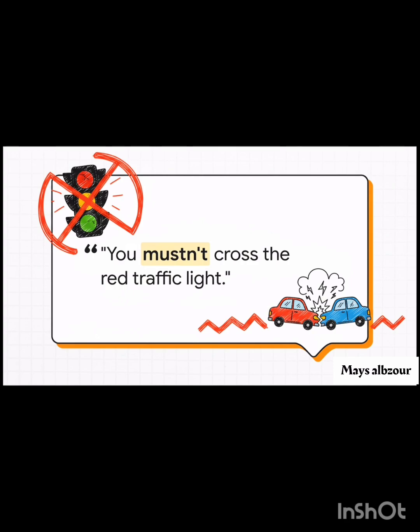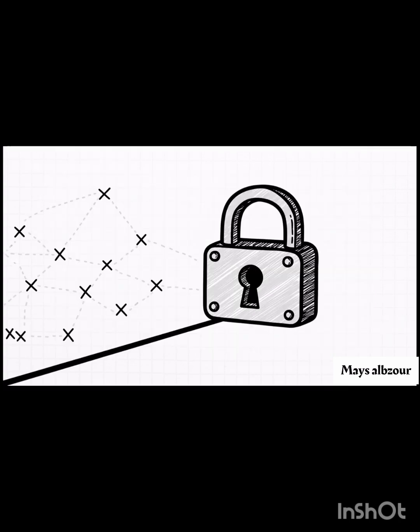This is not advice. It's a strict rule. It's a prohibition. So breaking this rule could lead to an accident. This is the definition of a hard no. So the key thing to take away here is this: when something is forbidden, mustn't is your word.